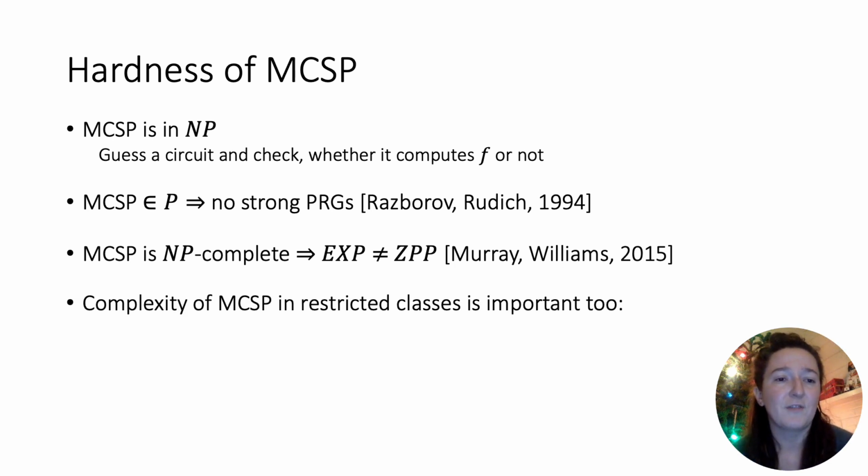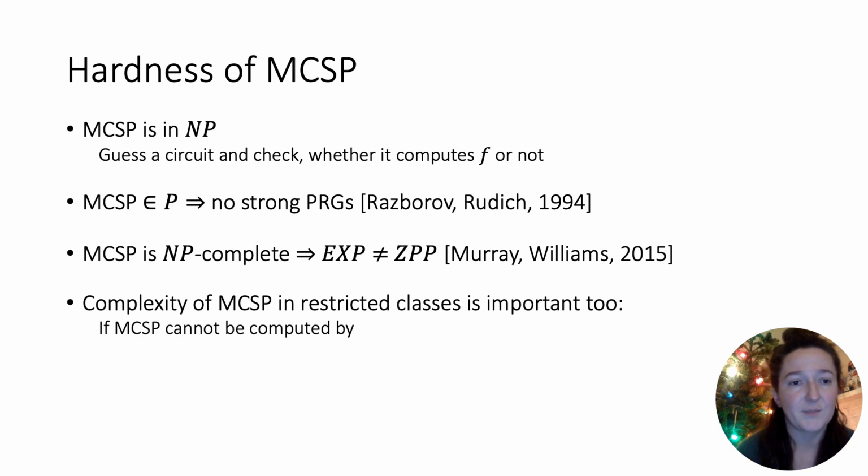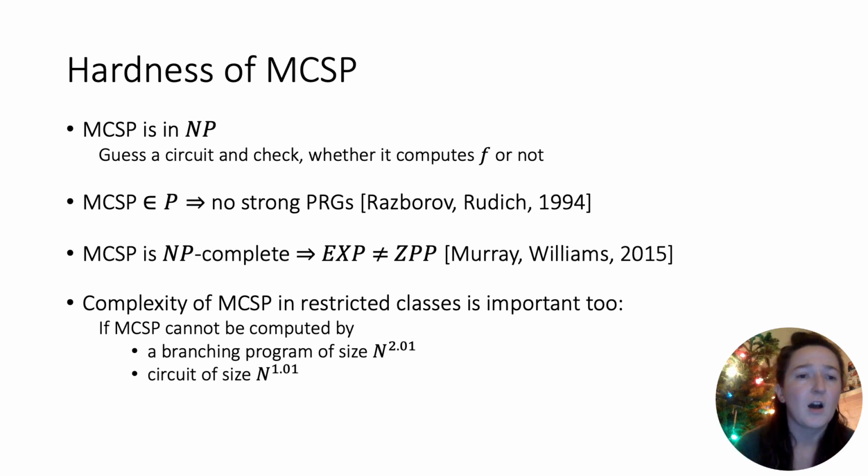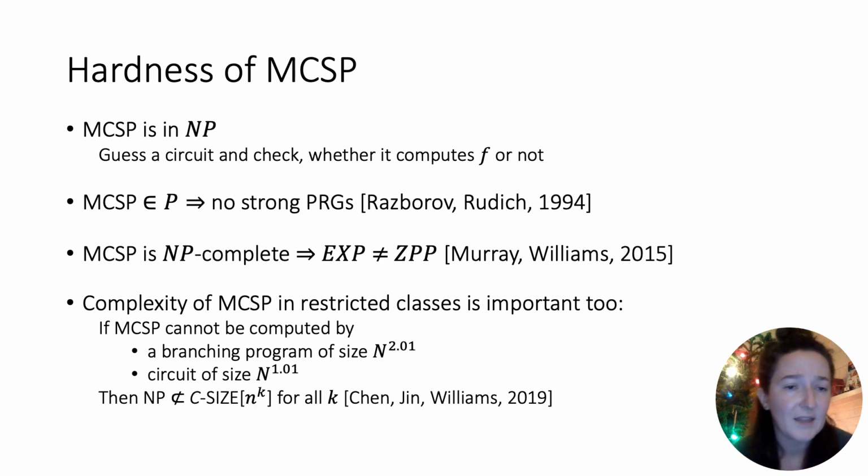And interestingly enough, if we understood the complexity of MCSP in restricted classes of computations, we would also get really cool consequences. For instance, if we could show that MCSP cannot be computed by a branching program of size n to the 2.01, or even any constant in the exponent that is a bit bigger than 2, or similarly a lower bound for circuits of size better than linear, then we would get that the whole class NP is not contained in the n to the k size class for branching programs or circuits.